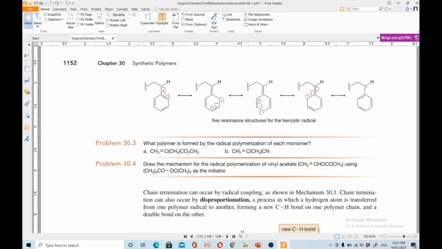Problem 30.3. What polymer is formed by the radical polymerization of each monomer? If you have this monomer, what will be the polymer formed from it?